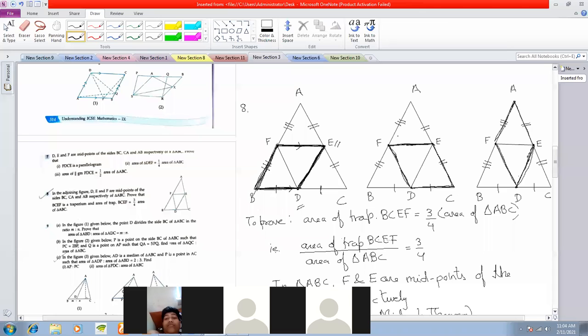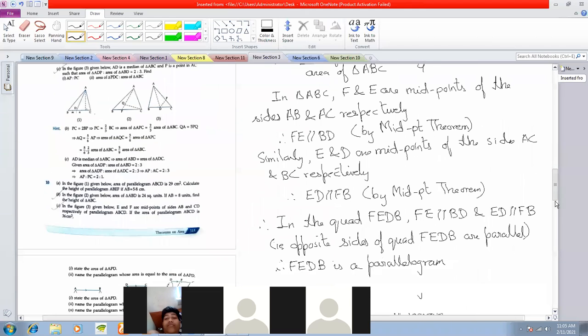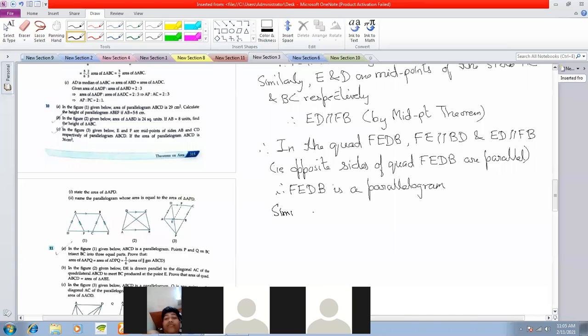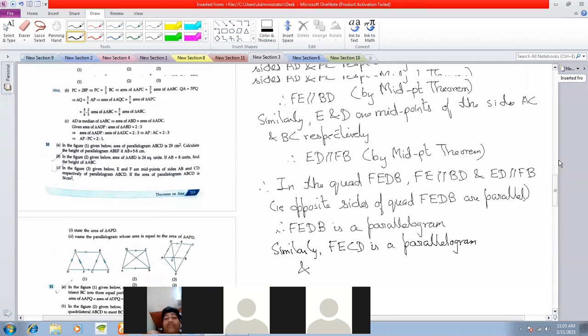Similarly, this is a parallelogram. FECD is also a parallelogram, so we will write this. Similarly, FECD is also a parallelogram. And what else?